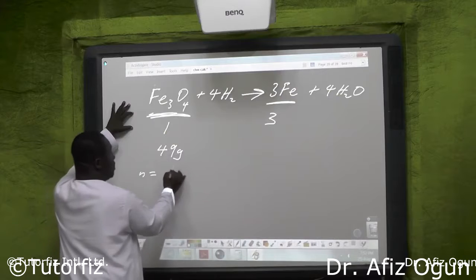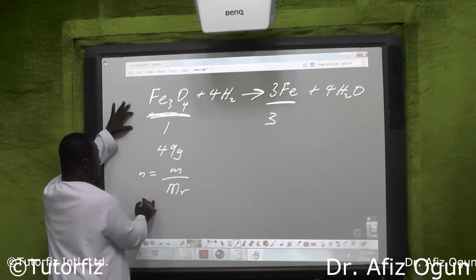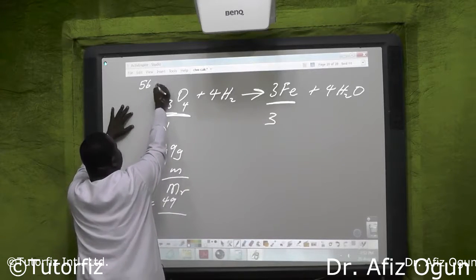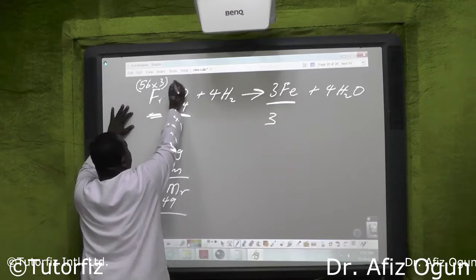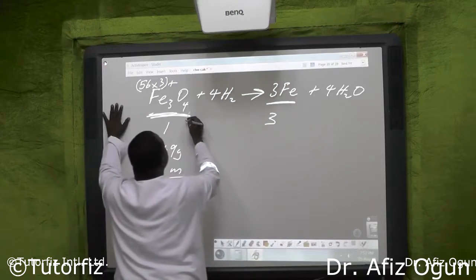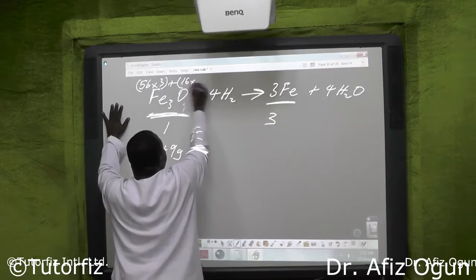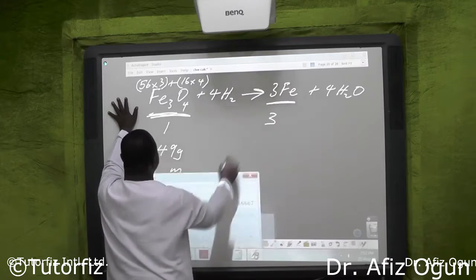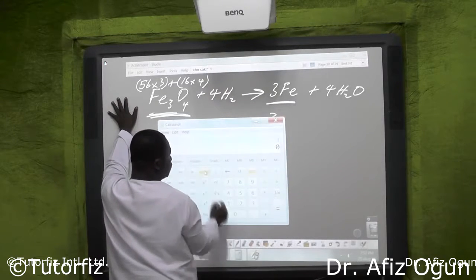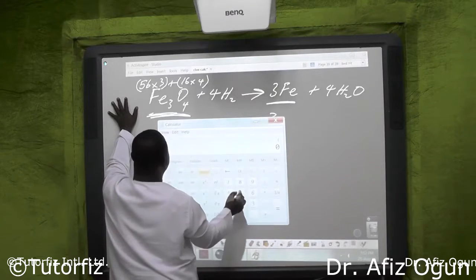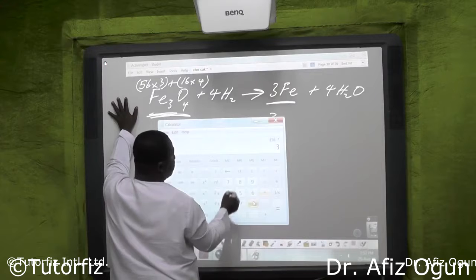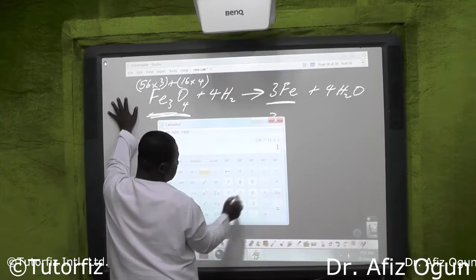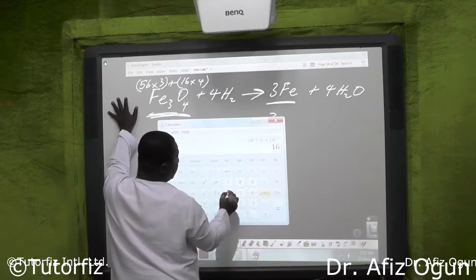So n equals m over Mr. So n is 49 divided by Mr. Iron is 56 multiplied by 3, plus oxygen is 32. No, sorry, it's 16 multiplied by 4. So I have (56 multiplied by 3) plus (16 multiplied by 4).